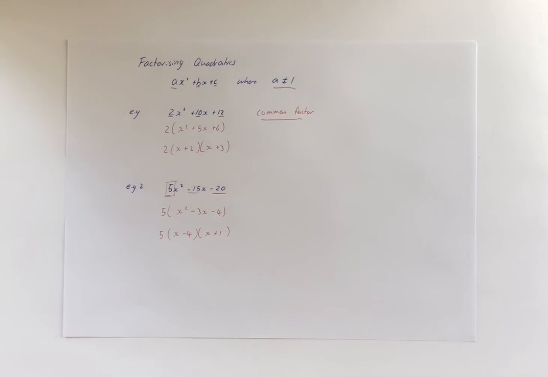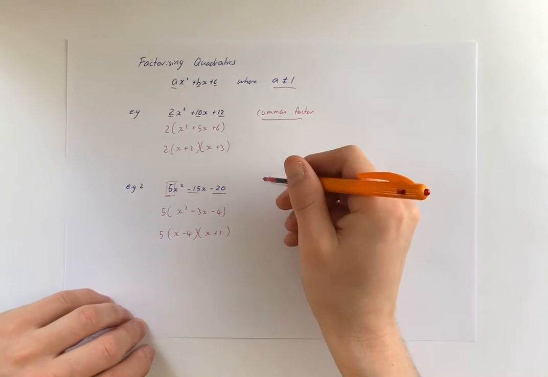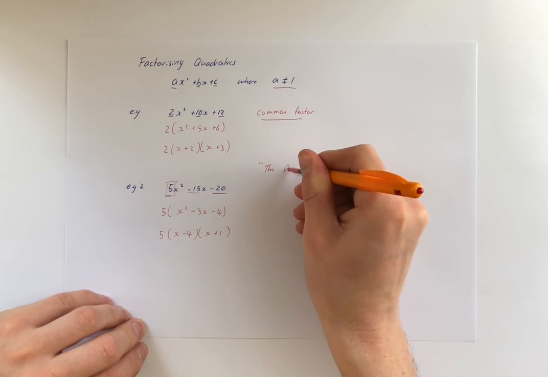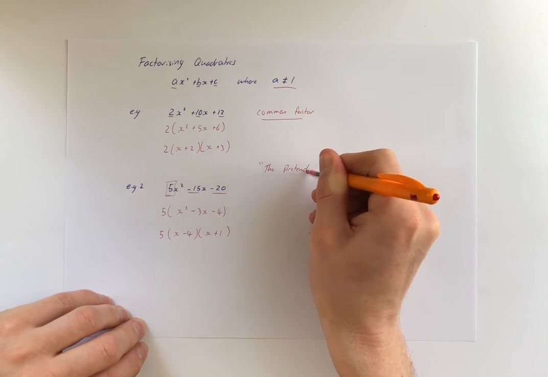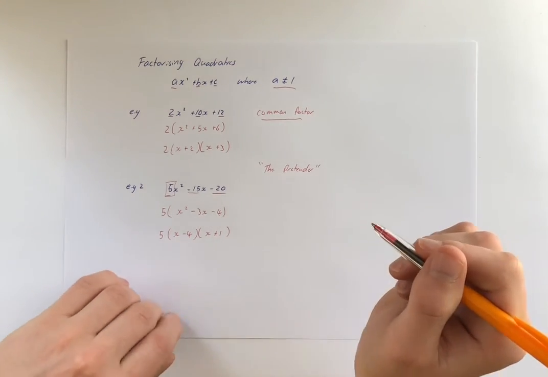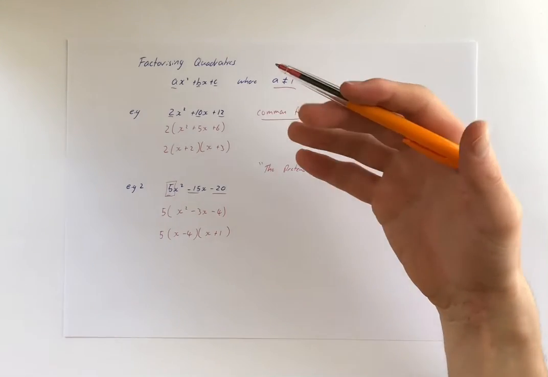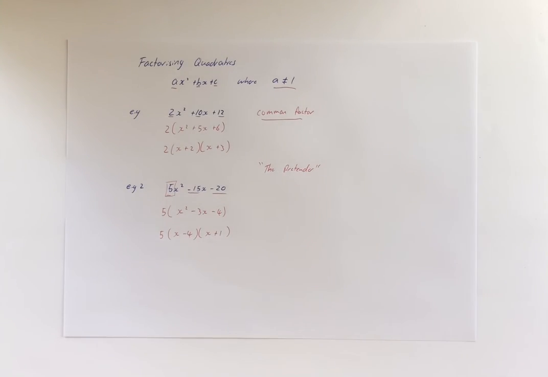Not too bad. I kind of colloquially call that the pretender. I call it the pretender because it's just pretending to be a hard factorization because there's that number out the front.